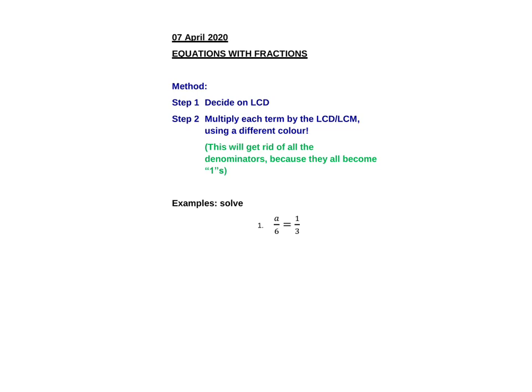Right, so once we start with this, it is equations with fractions, and there's a certain method to it. First step is decide on a certain LCD, and the second step you multiply each term by the LCD or LCM using a different color. The whole idea with these two steps is to get rid of the denominators, because how else can we get to isolate our x or a or b or c, our variable?